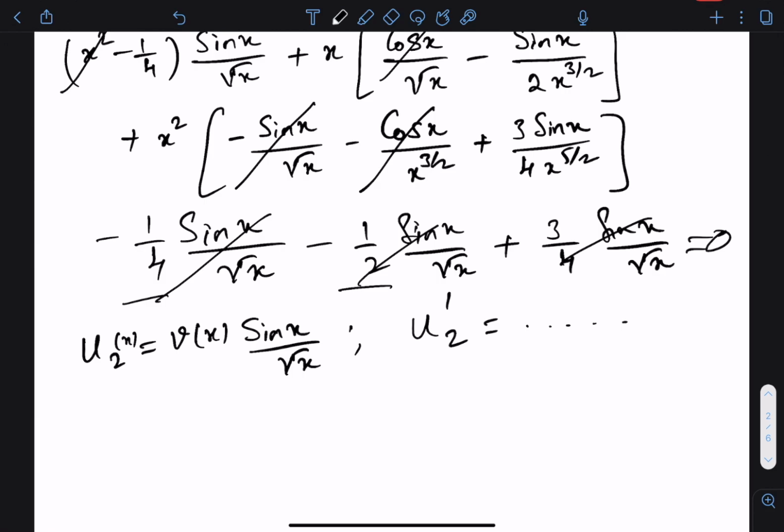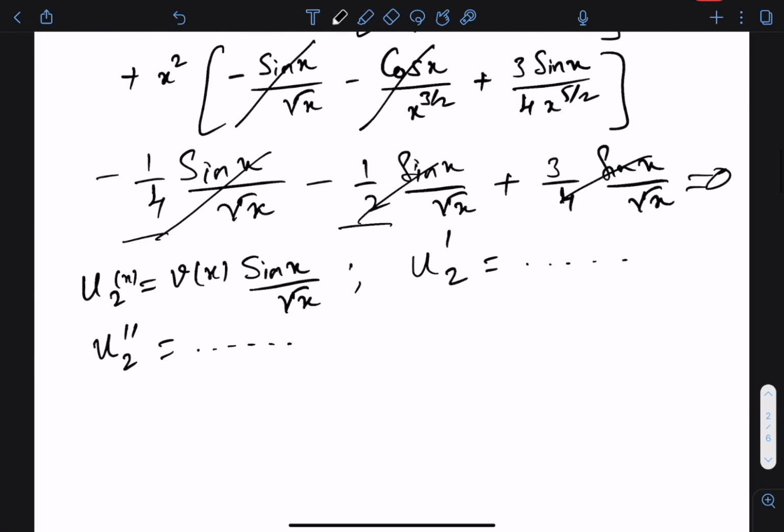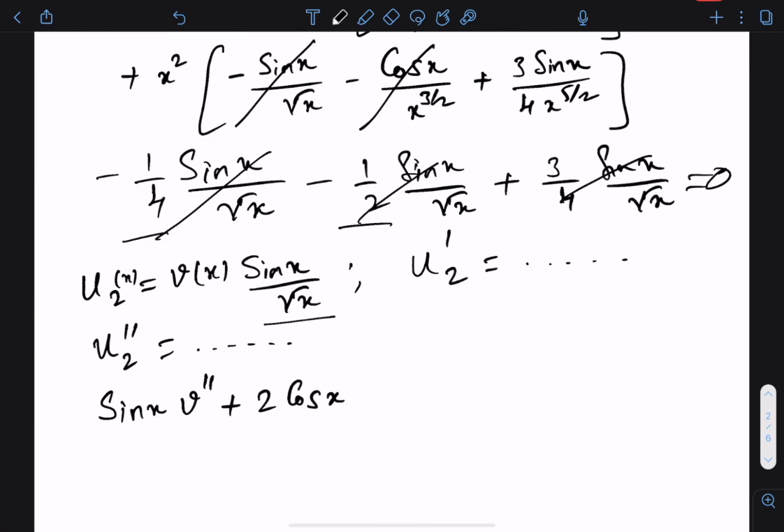Similarly, differentiate it twice. If you use the information that sine x over root x is already a solution to the ODE, then we will get the relation sine x v double prime plus 2 cos x v prime equal to 0.